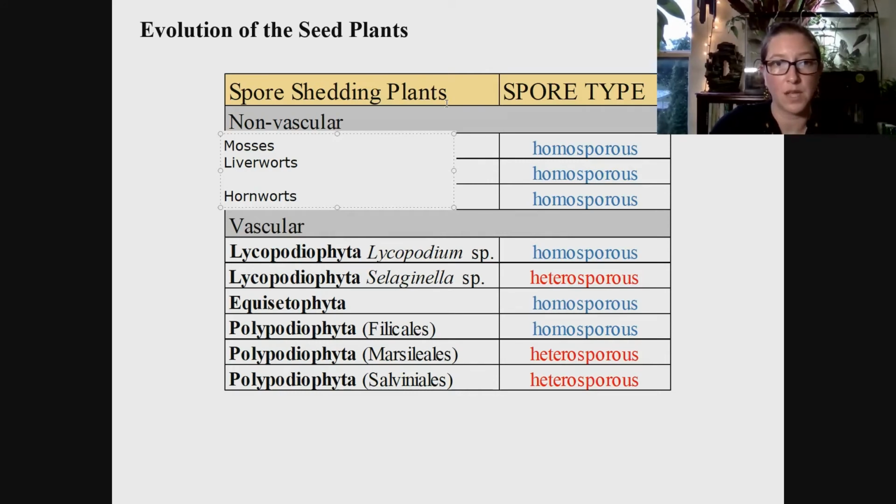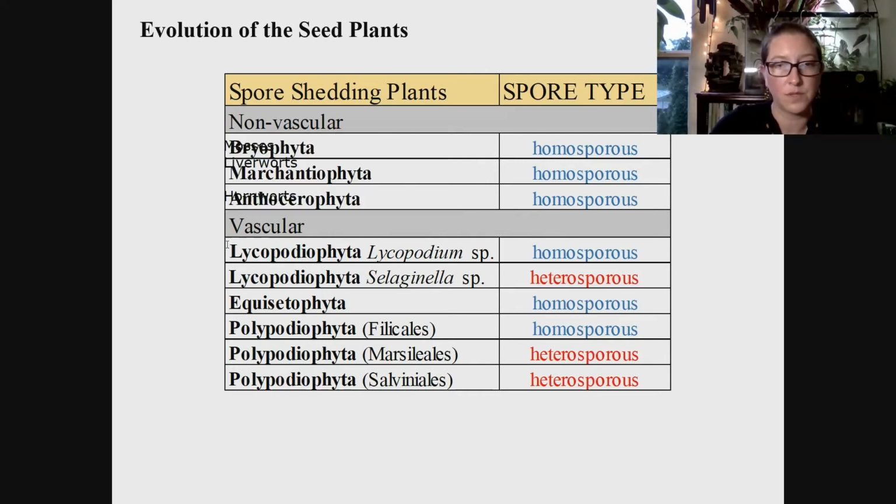Let's put another one of these text boxes here. Just so you don't get scared. Well, those two are fine. Lycopodium, homosporous. Selaginella, heterosporous. Horsetails we didn't cover, but they're homosporous.